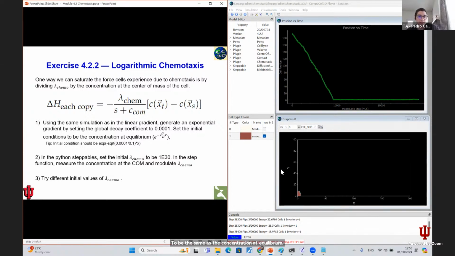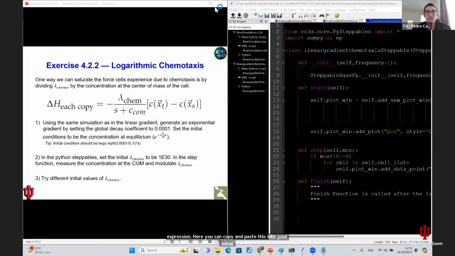And it is given by e to the minus square root of gamma over d, where gamma is the decay, d is the diffusion constant, times x. So the initial condition should be this expression here. You can copy and paste this into your initial concentration expression.